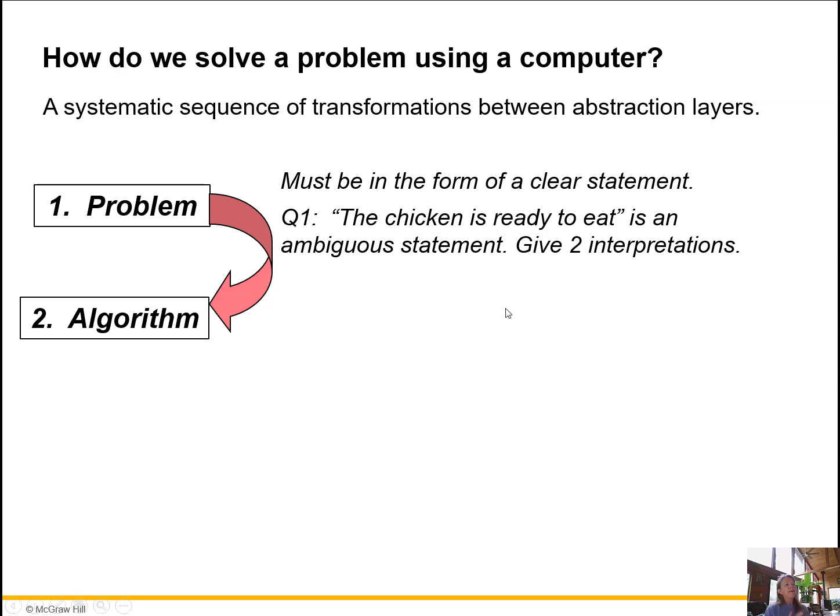So our problem must be in the form of a clear statement. If I asked you to write the sum of the first, let's say, 3 integers, you could do that. Sum of the first 3 integers beginning at 0.